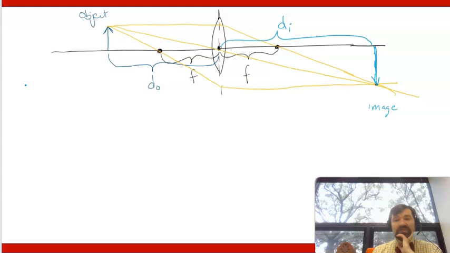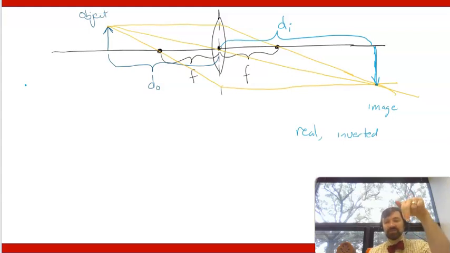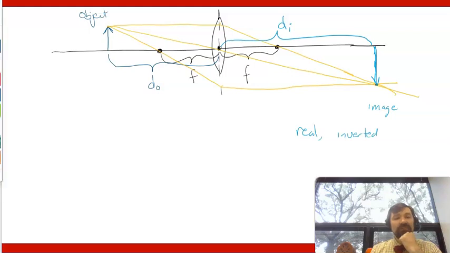And since all the rays really crossed here, it's actually a real image, and it is inverted relative to the object. So the object arrow points up, the image arrow points down. And then the other piece of information I could get: this right here would be the height of the object, and this right here would be the height of the image.